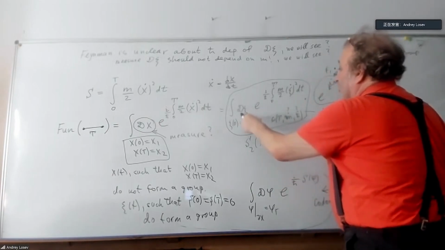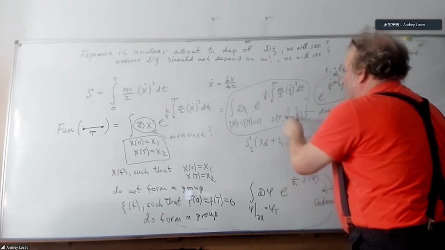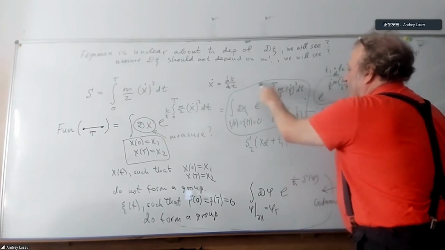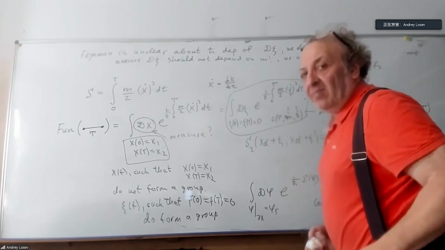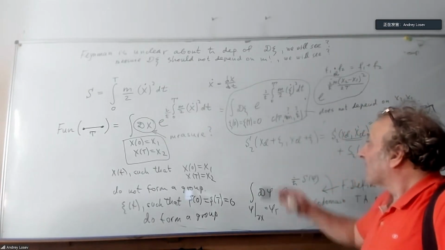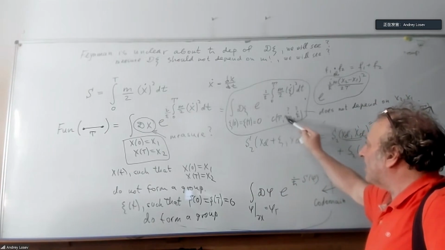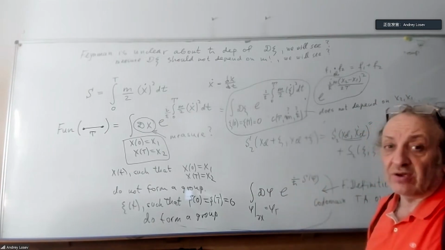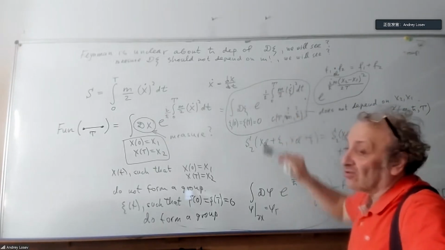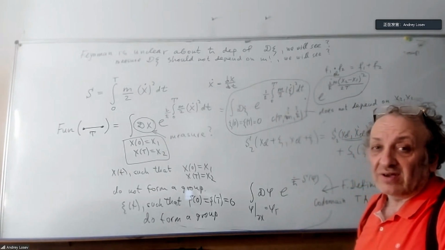Because if measure depends on M, H, and T, what is the meaning of putting this term here? Maybe we may say that this coefficient C, T, M, H bar is regular, and singular piece stands only here.